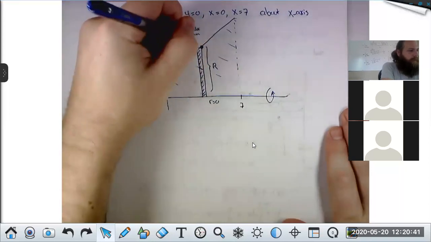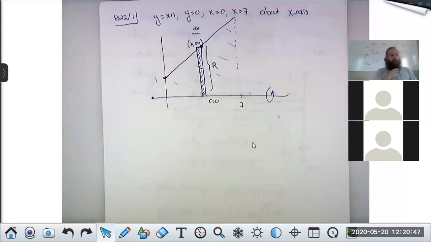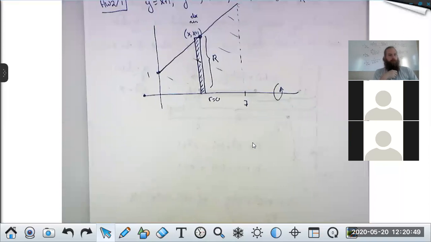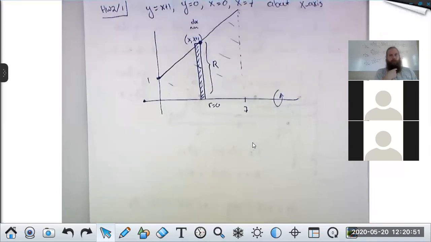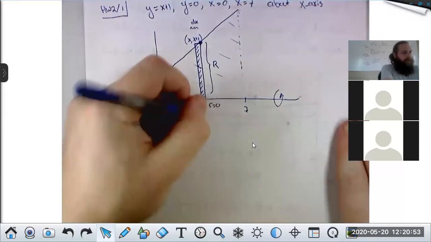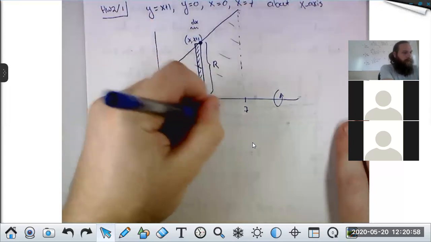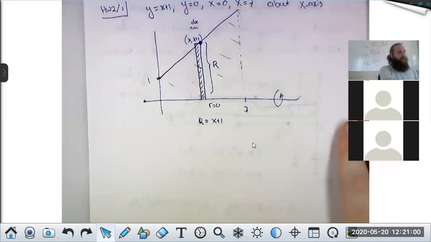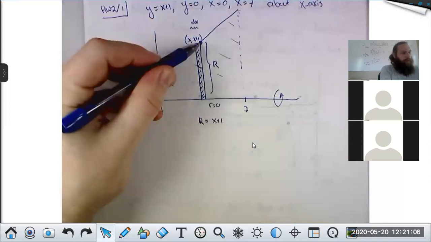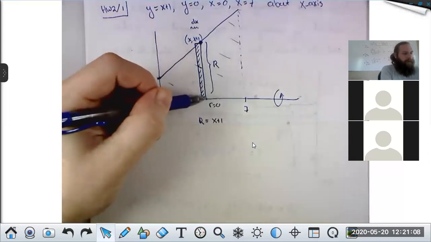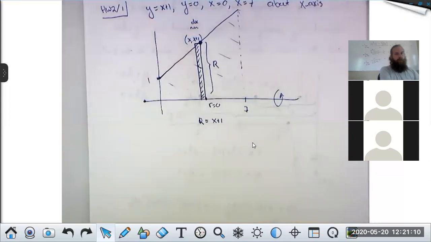Since I'm along the graph y equals x plus 1, this is x comma x plus 1. So little r is 0, and big R is x plus 1 minus 0, which is just x plus 1: the y value at this point minus the y value on the axis of rotation, which is 0.